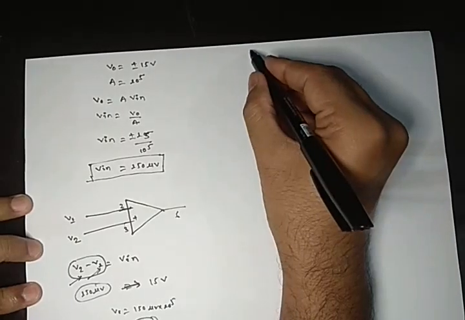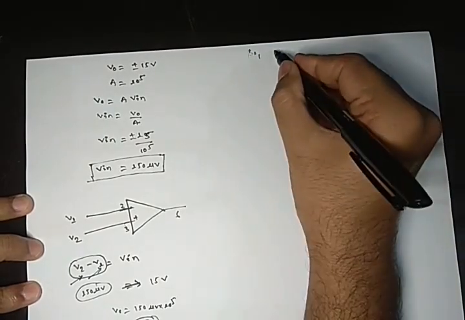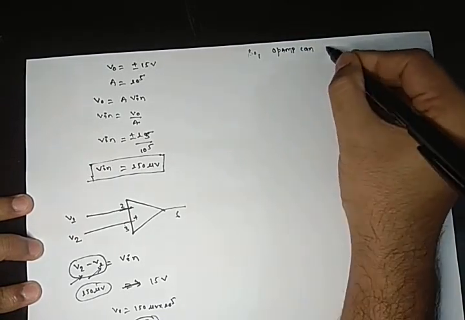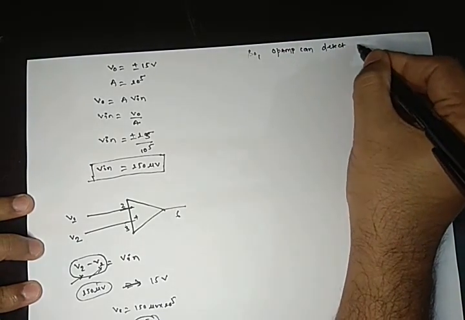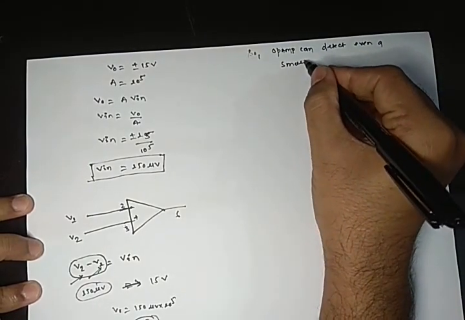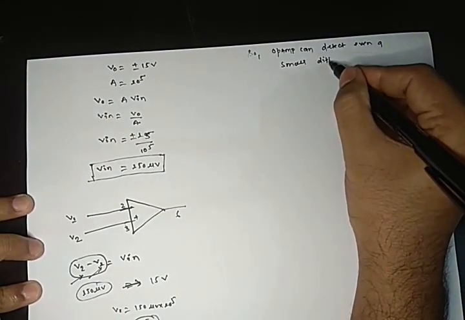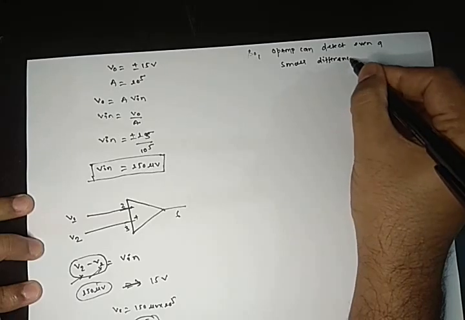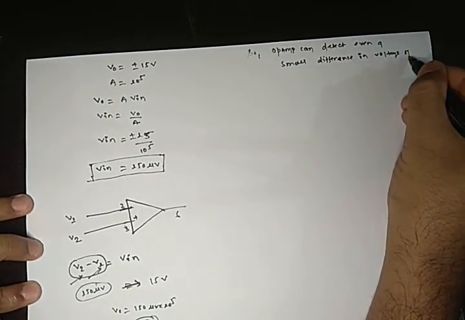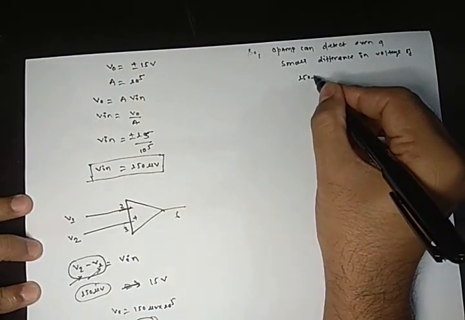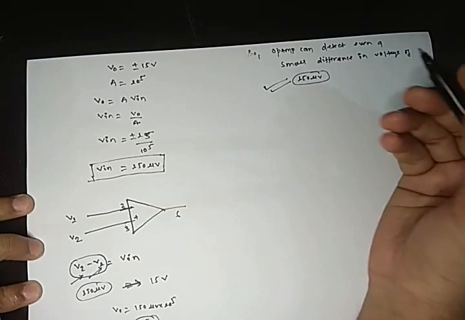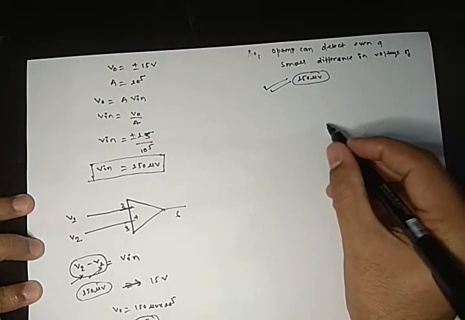So the Opamp can detect even a small difference in voltage of 150 microvolt. This is one of the most important points of the Opamp.